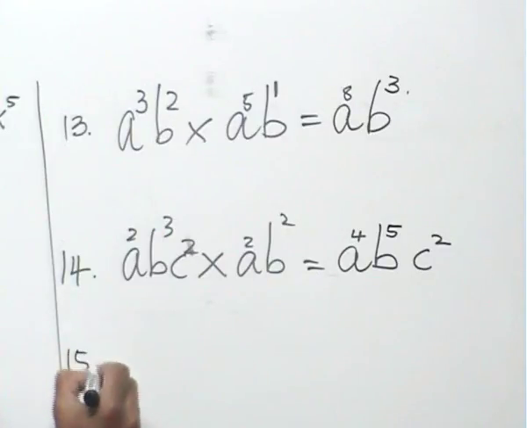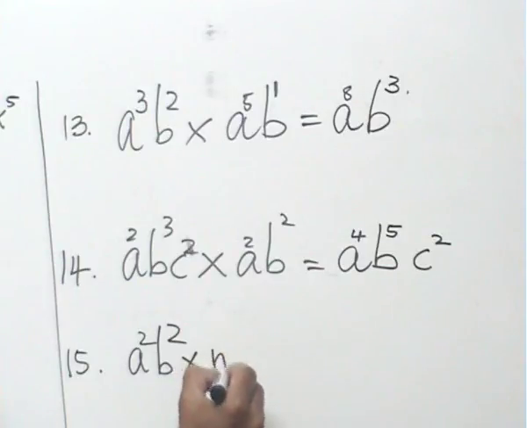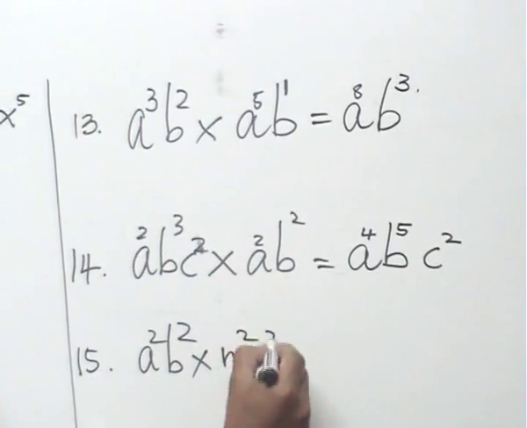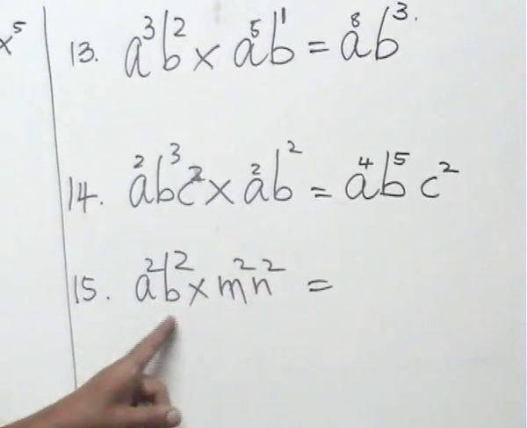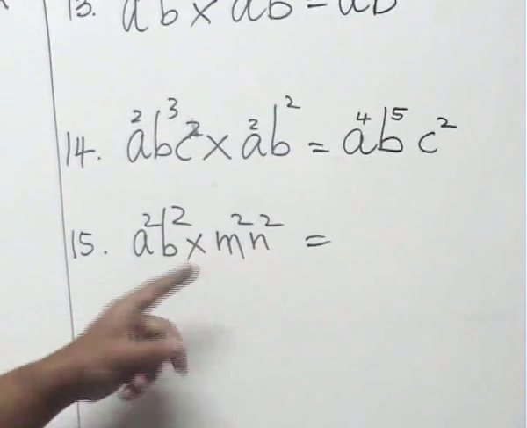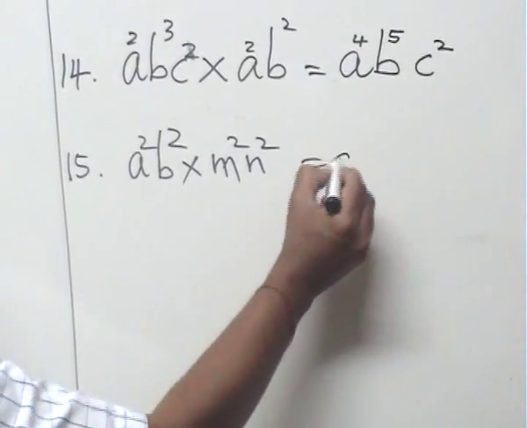Right, let's take number 15. A squared B squared times m squared n squared. Now clearly all the bases are different. You cannot add these indices, but you can write them next to one another like this.